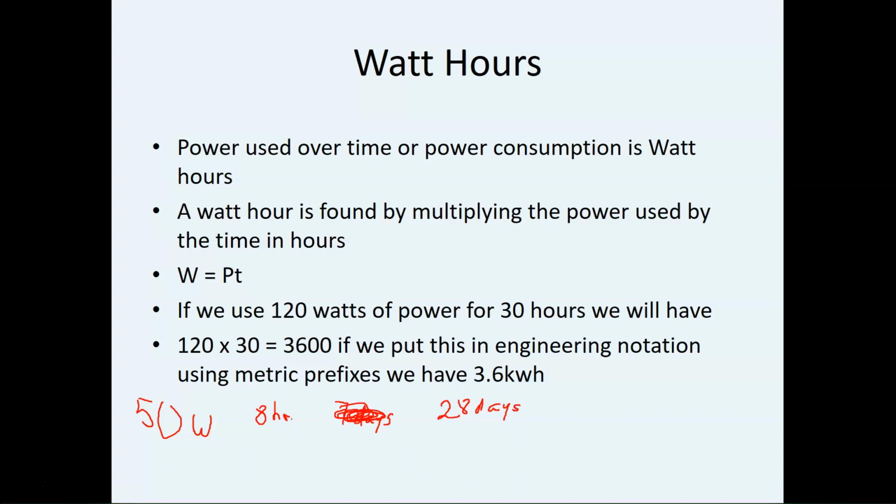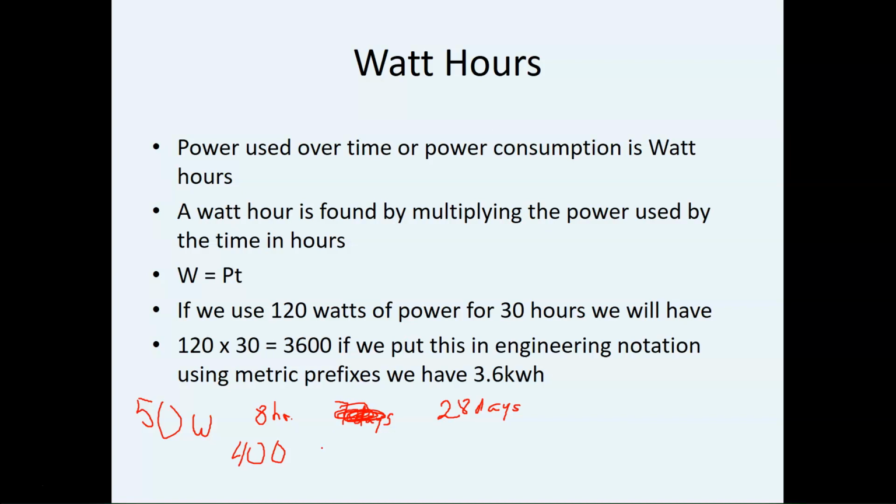So 50 times 8 times 28. When you multiply 50 times 8, you get 400. And then you multiply that by 28.